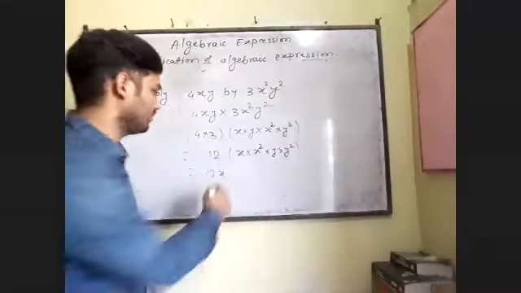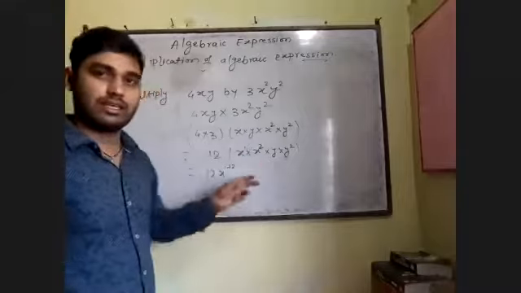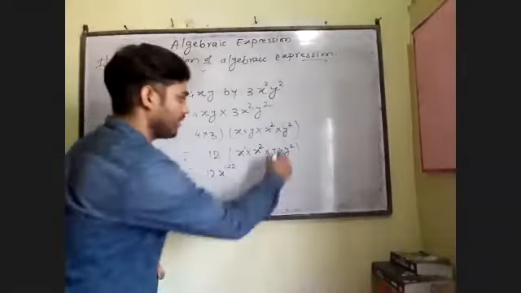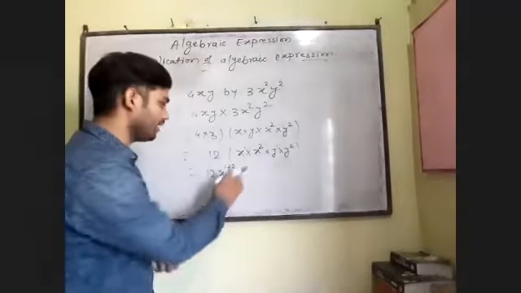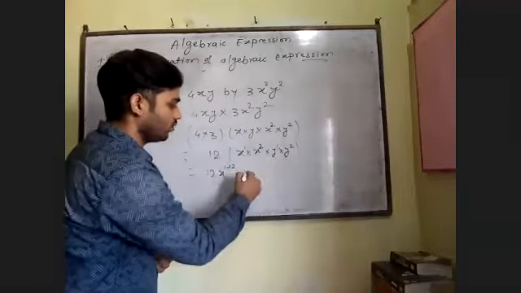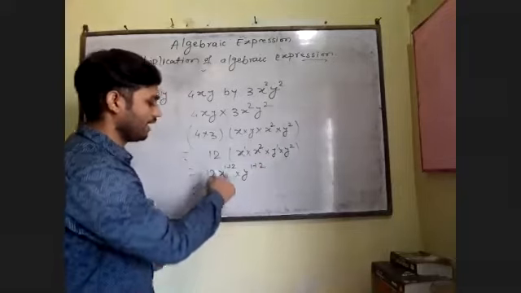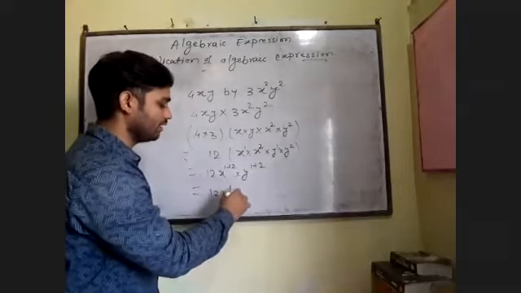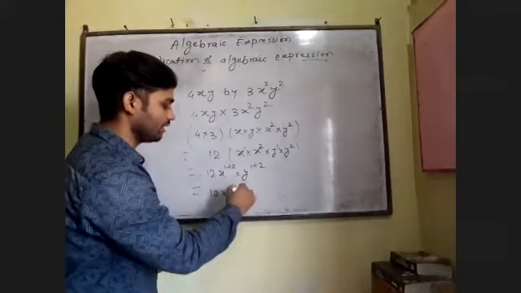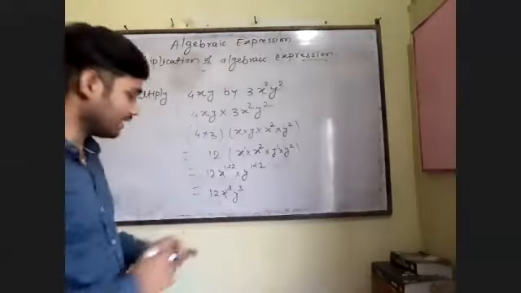So it becomes 1 plus 2, here the power is 1, and here the power is also 1. So 12, x to the power 1 plus 2, it becomes 3, and y to the power 1 plus 2, that is 3.